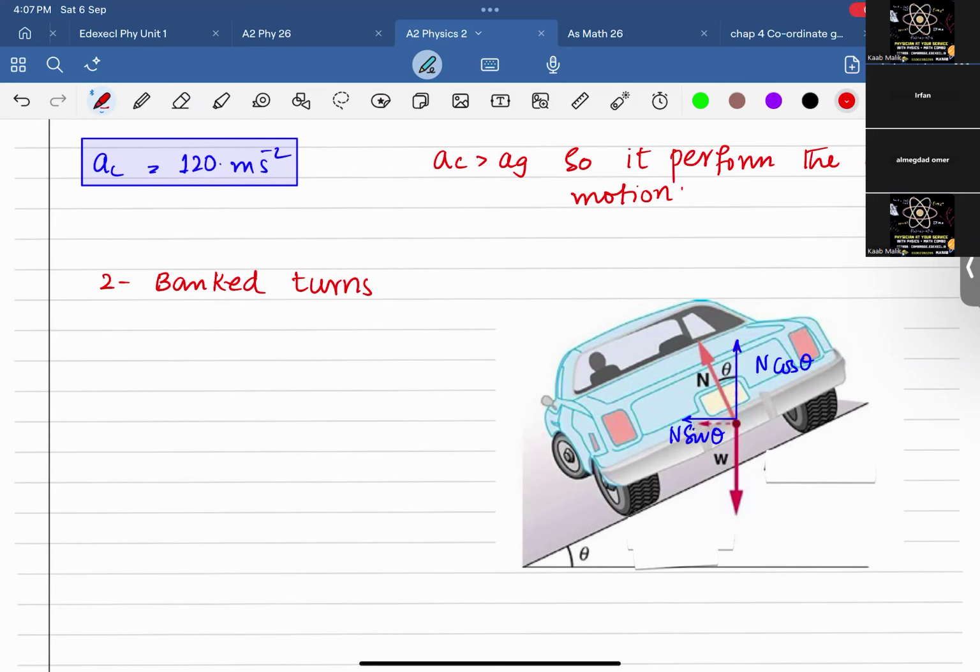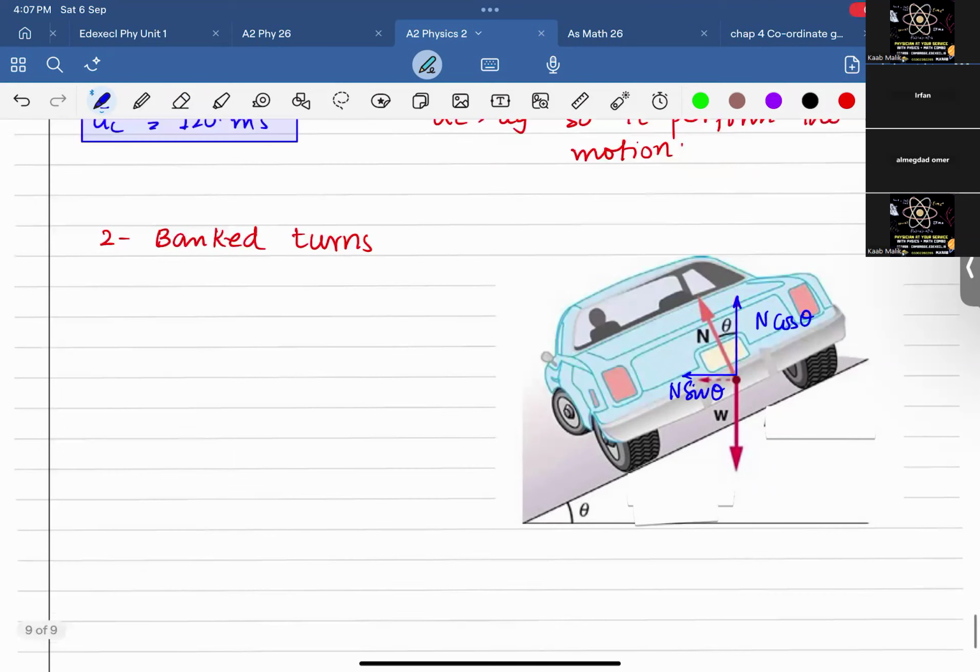Now let's try to equate the things. N cos theta provides the centripetal force.